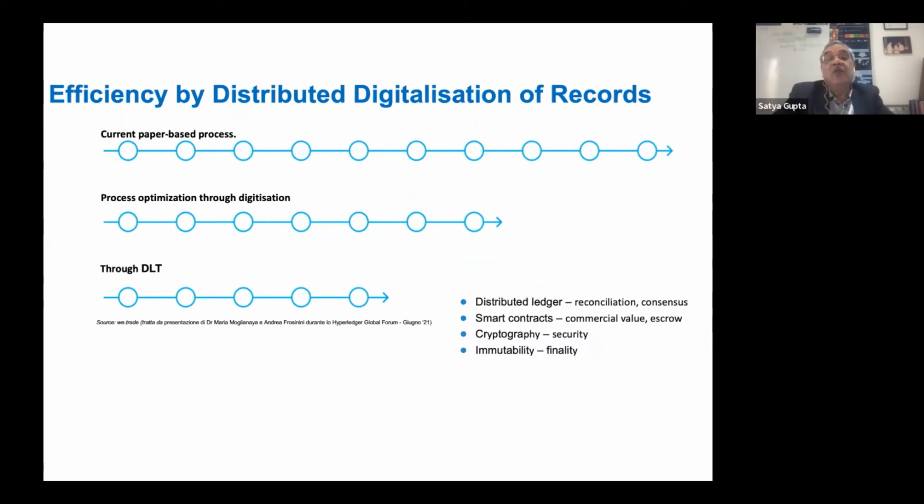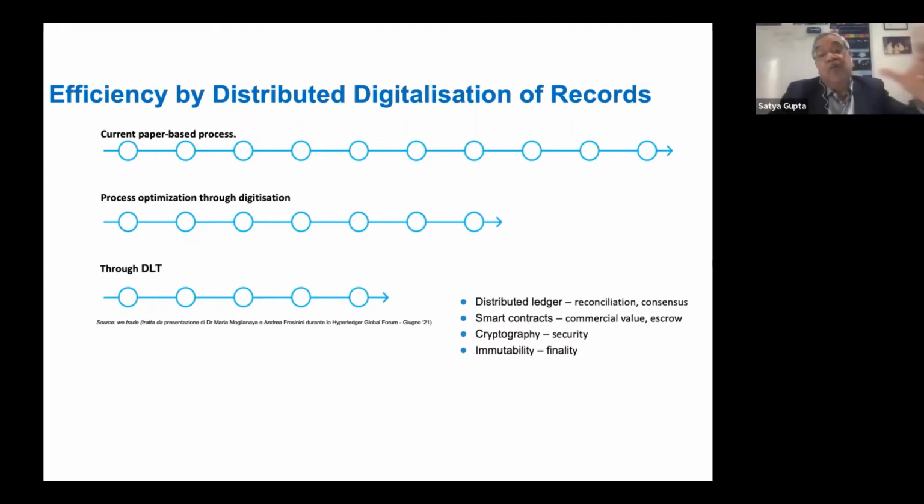Suppose we were using our conventional ledger system, that is also called a paper-based process. On paper, like we write in the diary, like a bookkeeping clerk does it. Suppose it takes so much time, let us say about 10 dots kind of thing. And now you do digitalization.